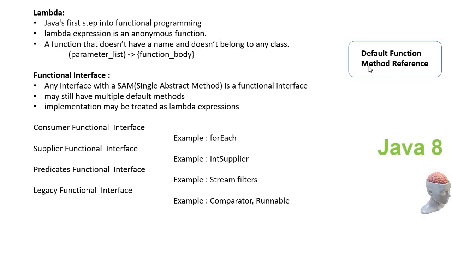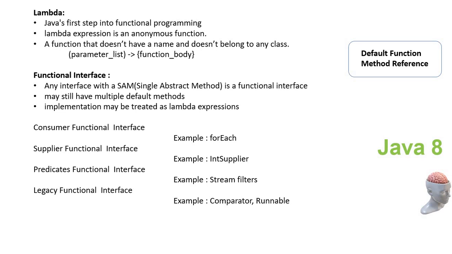So we saw default functions. What is a method reference? As part of functional programming, Java also introduced a concept called method reference, where we don't need to call a method using the object. Instead, we can use the class name to call the method, using the double colon notation.